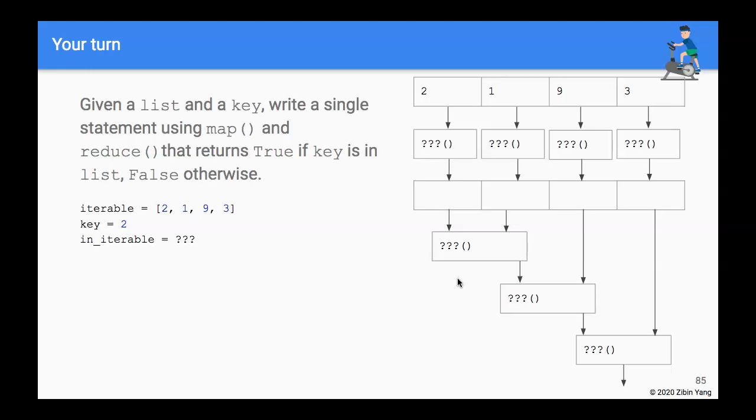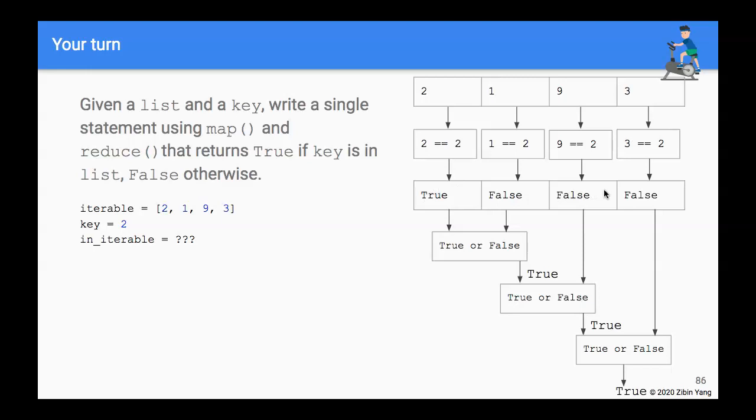All right, so this is how I would approach this problem. First, given a single key and all these elements, what I would like to know is if the key is equal to each of these elements. So the function that I'll map to these elements would be an equality check, and the output would be a Boolean of true or false.